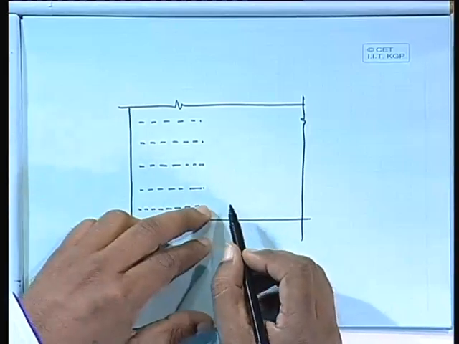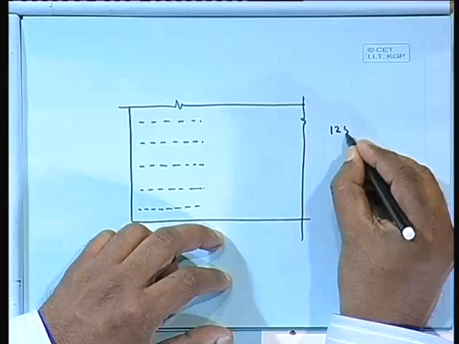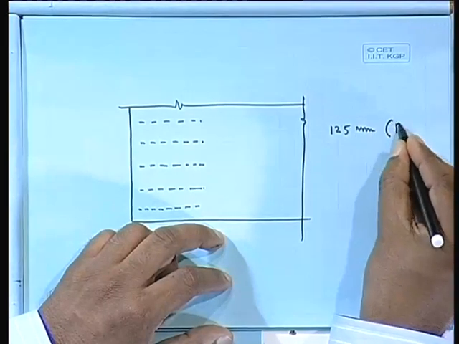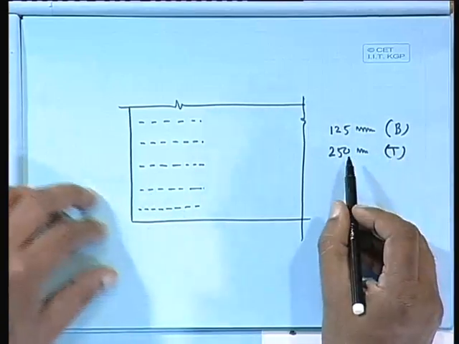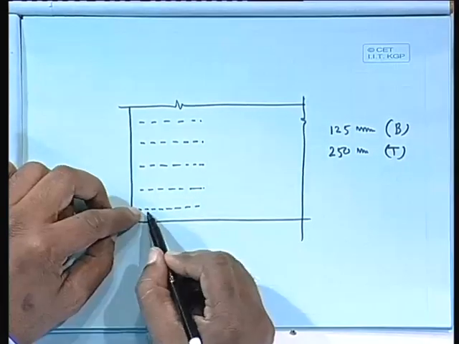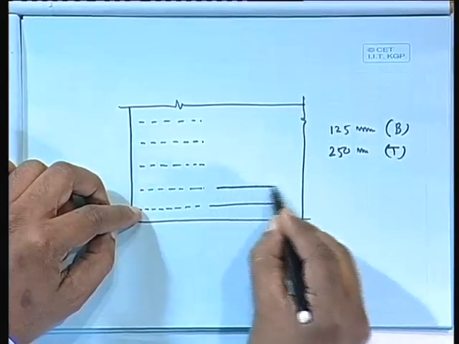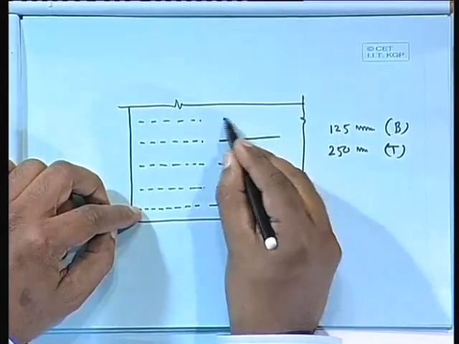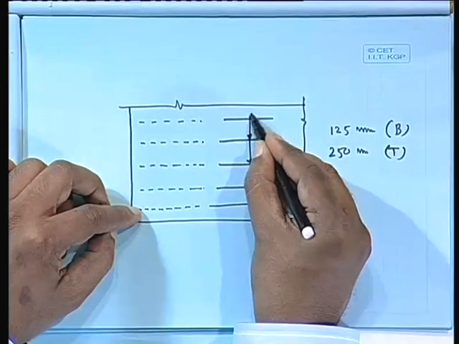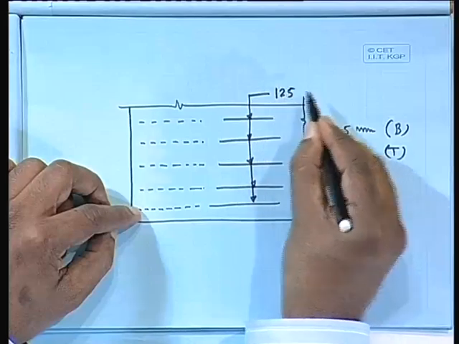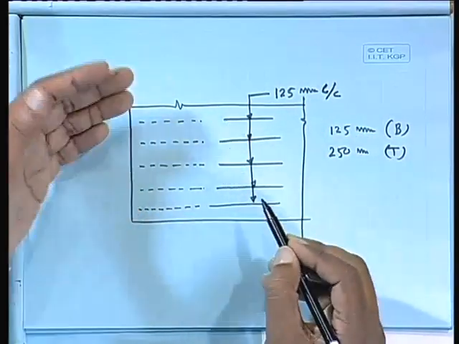Say, for example, you are getting 125 millimeter at the bottom and 250 millimeter at the top. In that case I can specify that the bottom bars are 125 millimeter center to center, and the top alternate one we are making crank.